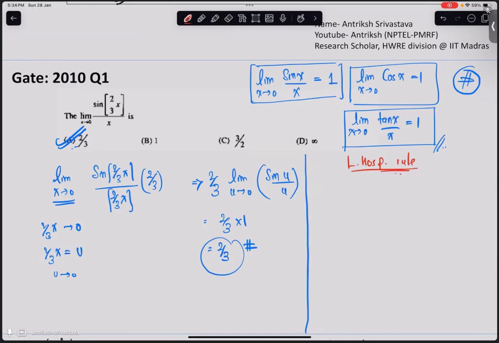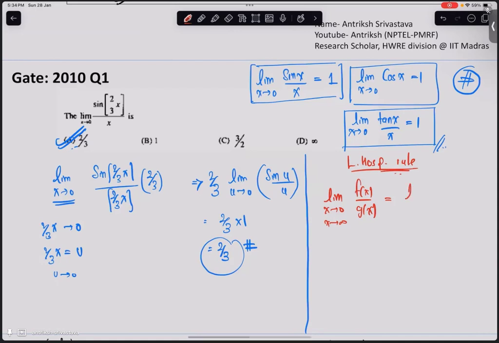What does that rule tell us? If you have some limit, x tending to 0 or x tending to infinity, of f(x) by g(x), and both of these become 0, then you have a 0 by 0 problem or an infinity by infinity problem. Then what can you do? You can actually differentiate the numerator independently and also the denominator independently, and the answer is not going to change.